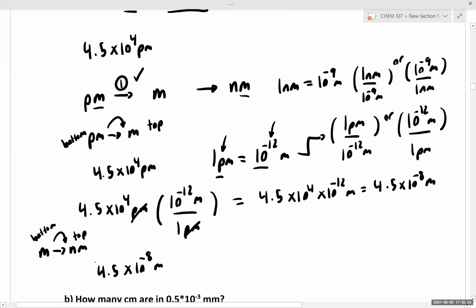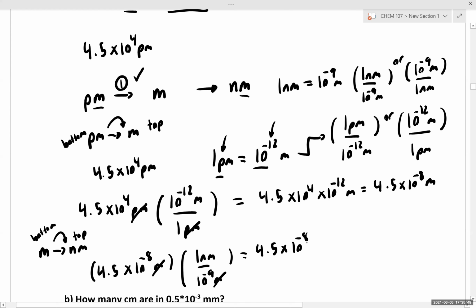Since we want nanometers on top, we're going to multiply by the conversion factor with nanometers on top. So in this case, we have 1 nanometer over 10 to the negative 9th meter, which gives us 4.5 times 10 to the negative 8th meter. Meters cancel. We're left with nanometers.